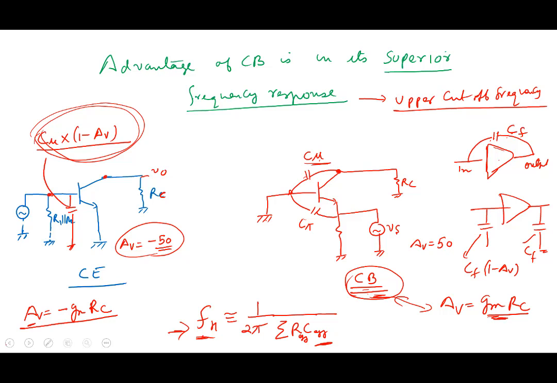Okay, so let's summarize then. Common emitter versus common base. What is in favor of common emitter versus common base? What would you like to say when you're comparing the two? Let's just list the advantages and disadvantages.